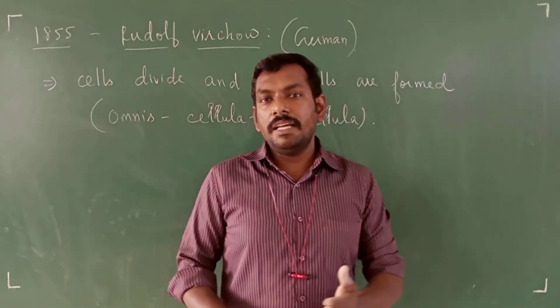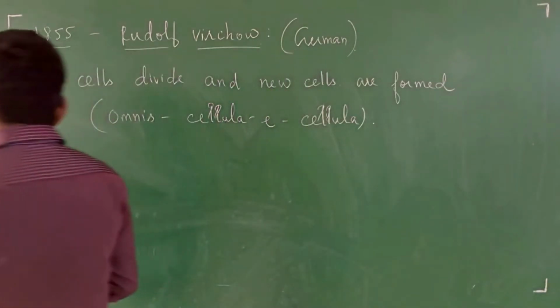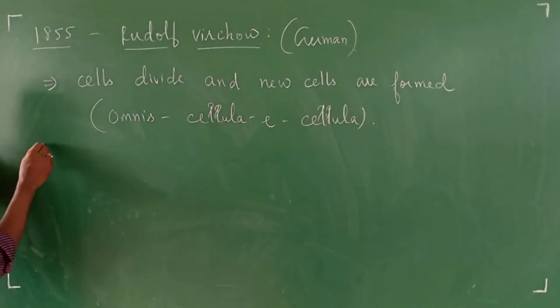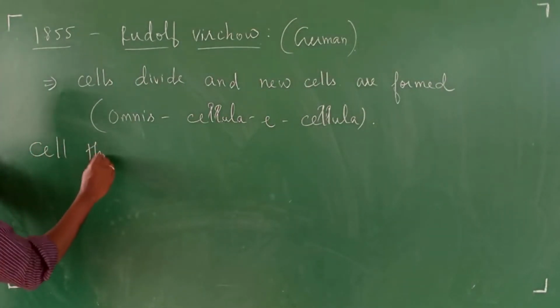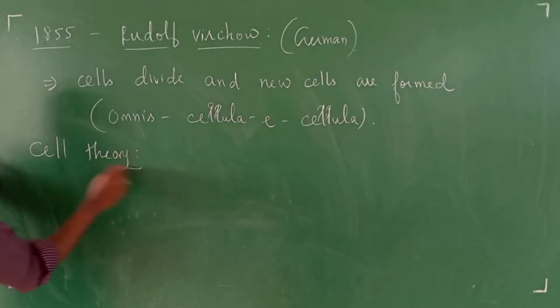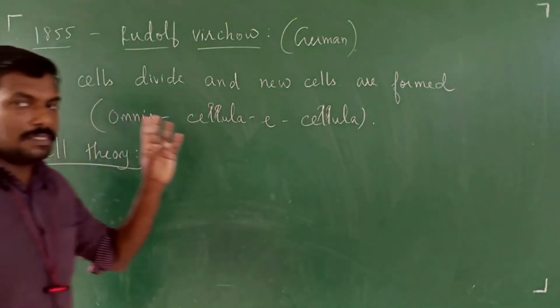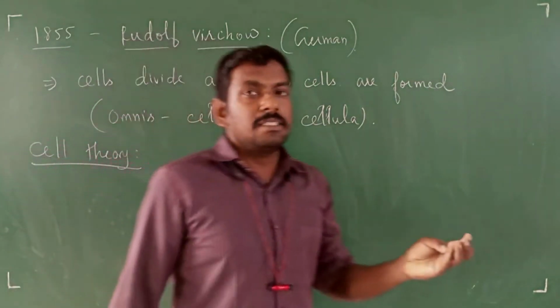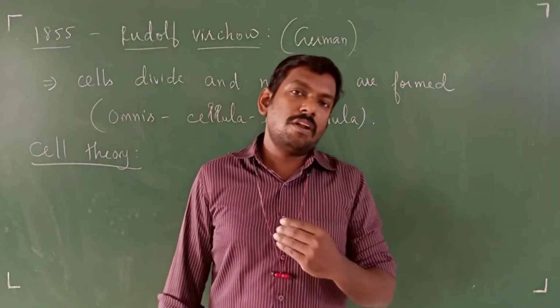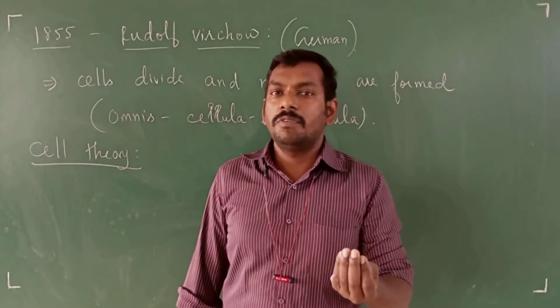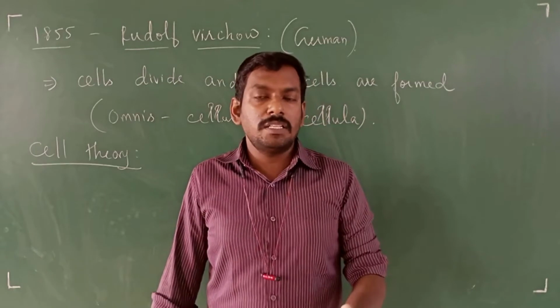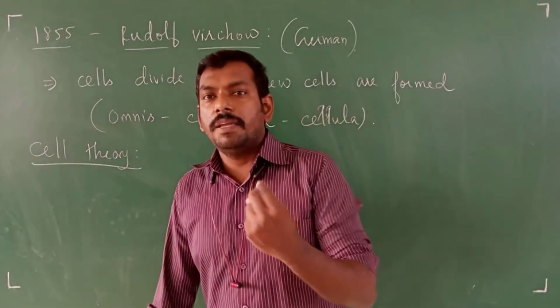So the cell theory came out of the findings of these three persons: Matthias Schleiden, Theodor Schwann, and Rudolf Virchow. They postulated the cell theory with two main characters.